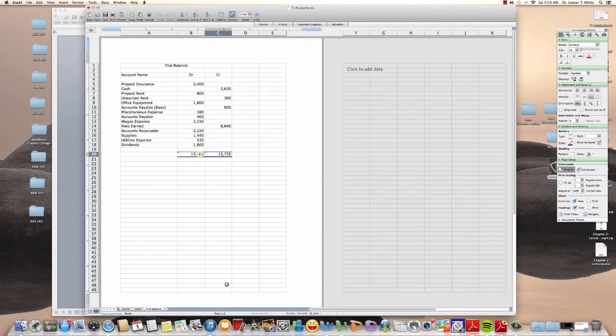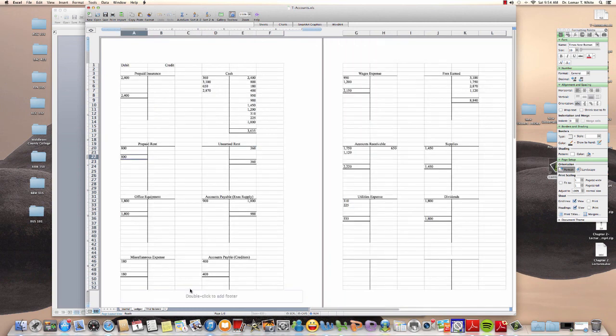For example, office equipment. If I had posted this 1800, let's say I make that 0, and I put 1800 in my supplies account instead. Okay? So I put 1800 in my supplies account instead.